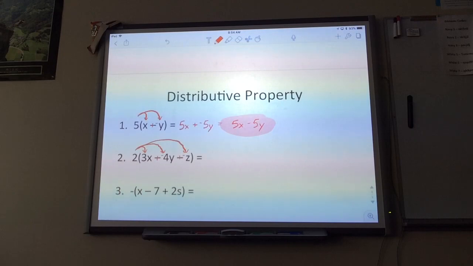So that 2 times 3 is 6, and that x just hangs out next to it. Then that 2 times negative 4 turns into a negative 8, and that y just stays there because the 2 doesn't have a y to deal with anything else. Then next, that 2 times a negative z ends up being a negative 2z.